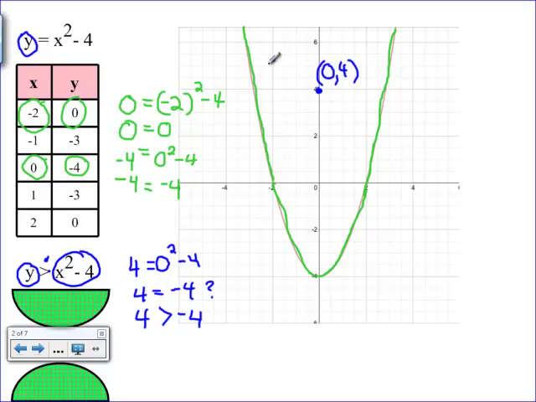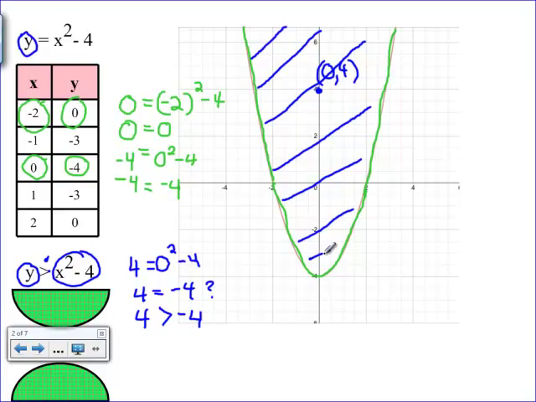And if you look in the picture, the parabola divides the graph into 3 parts. You can be equal to, which I have here in green. You can be greater than it, and that's any part that's above the parabola. Thus, any points in this blue area will work for greater than, because no matter which one I pick, if I put it into the equation, you'll always get the y value being greater than x squared minus 4.